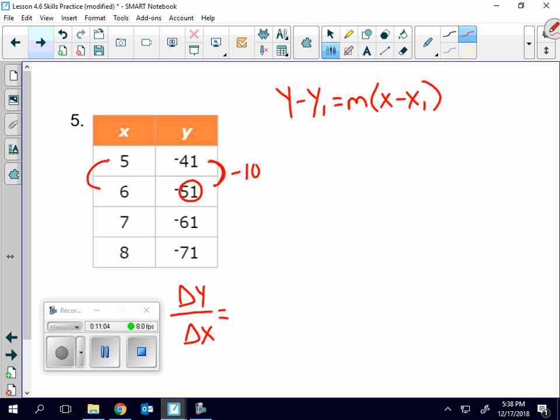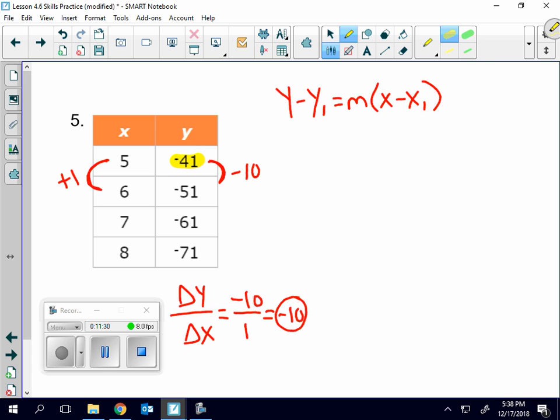And over here, as I go down the table, I add 1 to it. So that is our slope, which is negative 10 over a positive 1, which is just negative 10. Okay, this time we unfortunately have to use negative, so I'll just go ahead and use the first 2 points in the table. If you use different points, it's okay, it'll still work out in the end. So just see if you got the same answer.